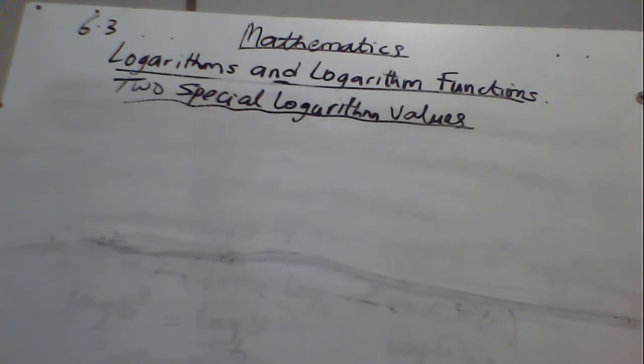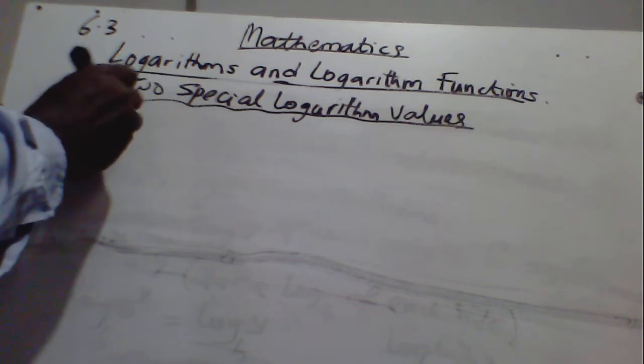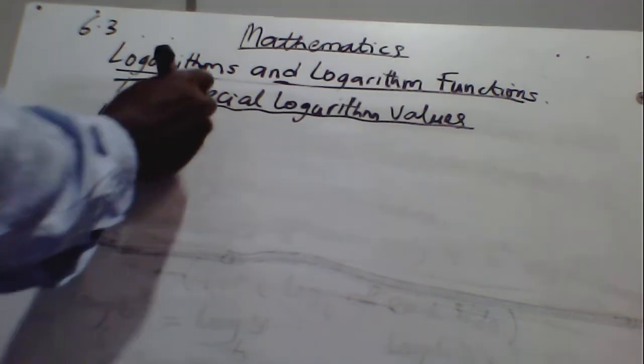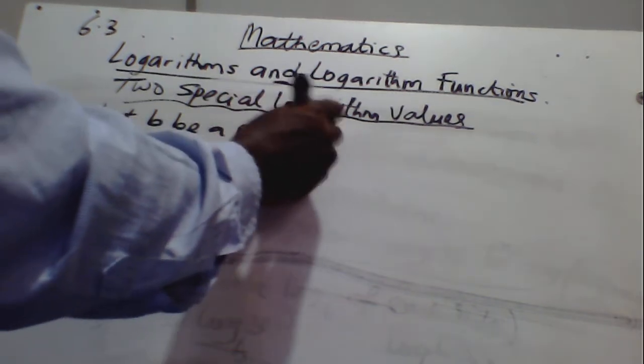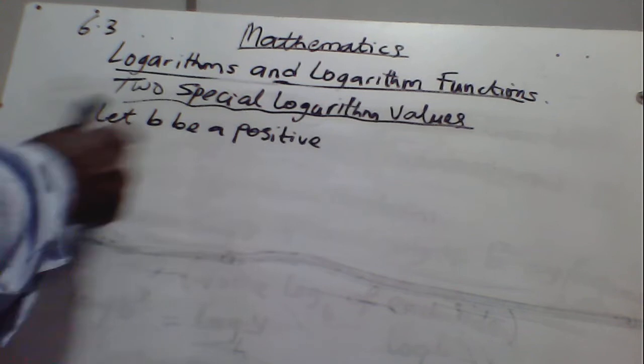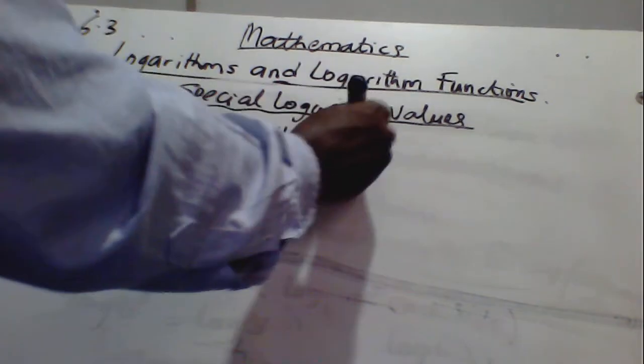Let b be a positive real number such that b is not equal to 1. I hope you are following, I'm making some theory part of it.